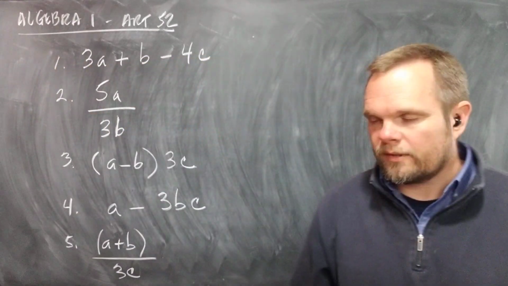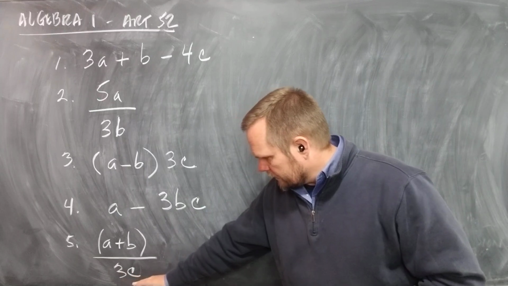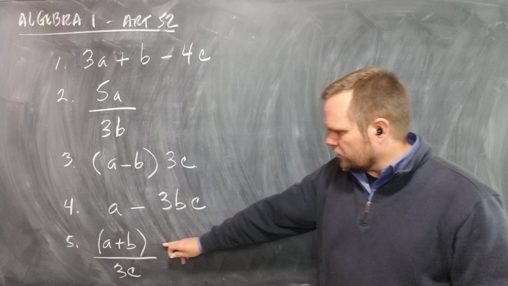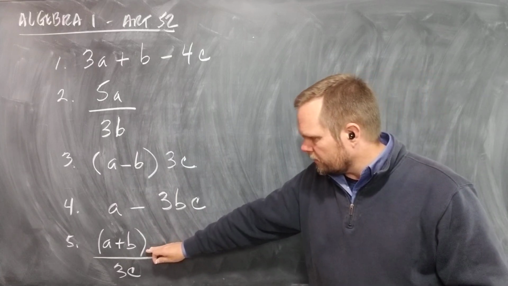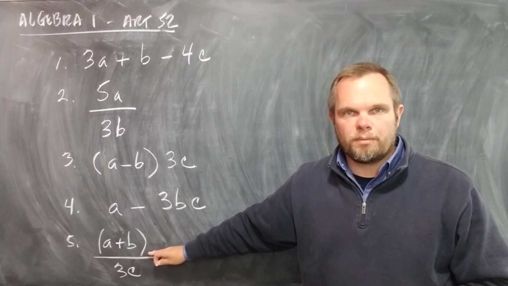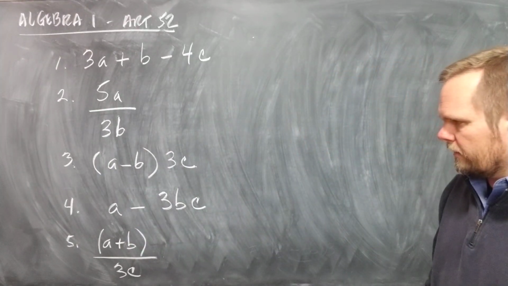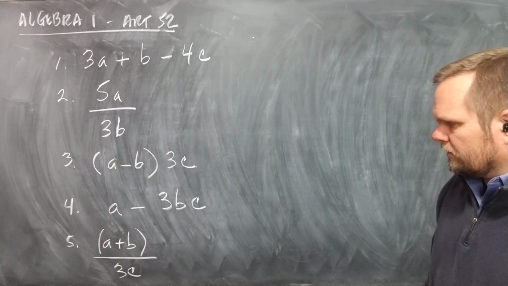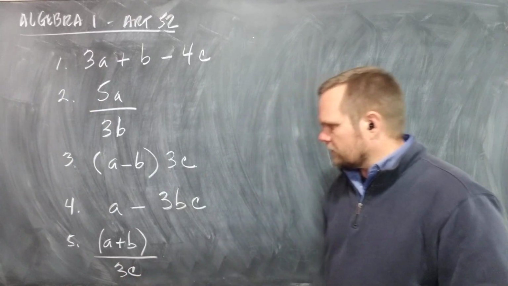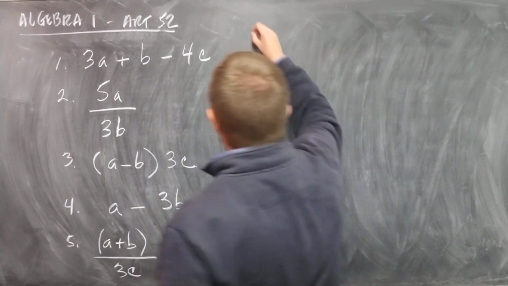No, that's good. And since there's no other terms in the numerator of this fraction, you could actually write A plus B without parentheses, but we'll leave it in parentheses to make things clear. A plus B divided by 3 times C. That's number 5.